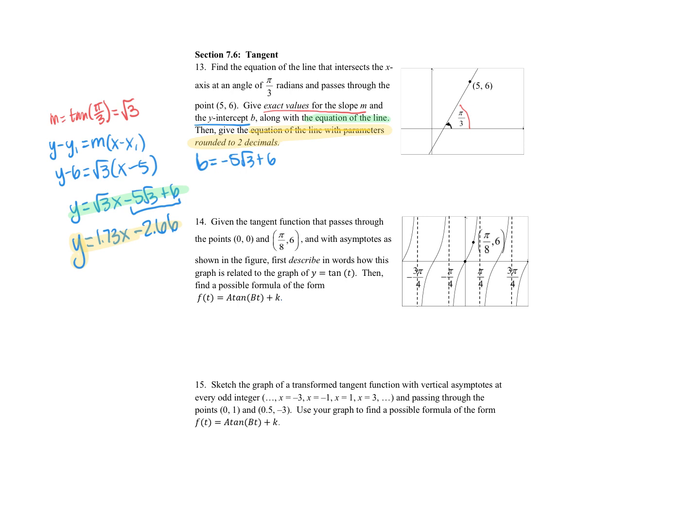All right, so the next one, given the tangent function passes through those points with asymptotes as shown in the figure, describe exactly how this graph is related to y equals tangent t, and then find a possible formula. Okay, so what I can see here is that there are a few things going on.